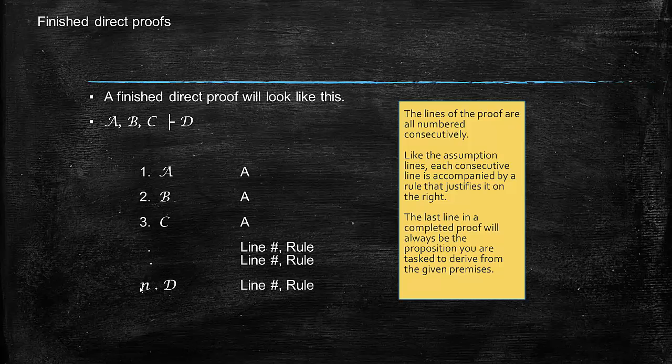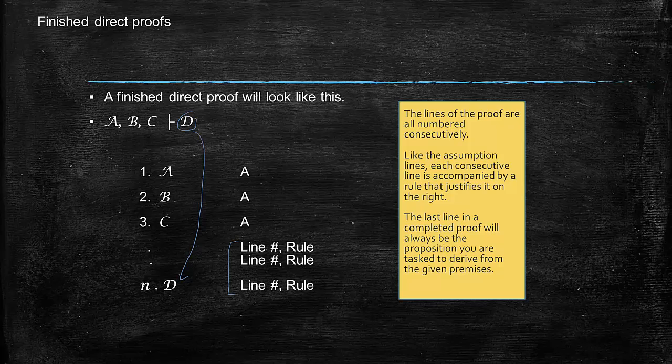And then on the last line, you will have derived the proposition that you were told to derive. If you do that, then you're done. And over here, you always indicate how you got each line by indicating the previous line number you were operating on and the rule that you used.